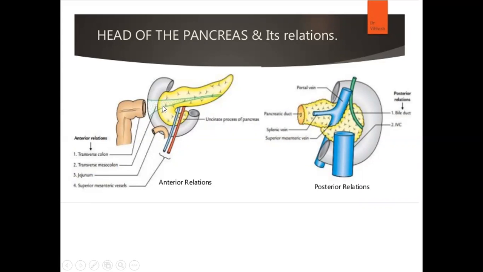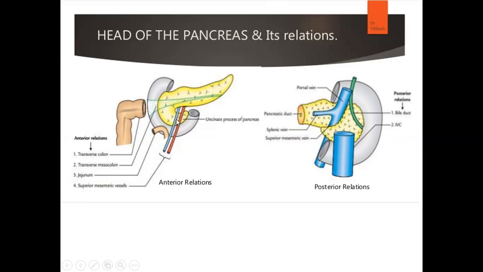Now we discuss about the relation of the head of the pancreas. Superior border is related to the first part of the duodenum. This is the first part of the duodenum. And the superior pancreatico-duodenal artery. Inferior border is related to third part of the duodenum. This is the third part of the duodenum.